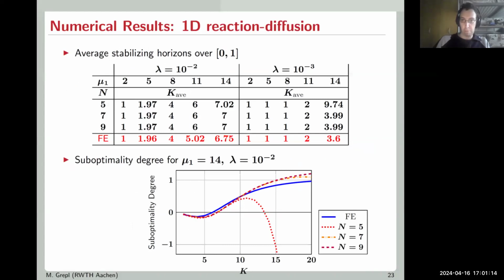The curves there represent omega, and you're looking for the value of k at which this curve becomes positive. Exactly. But there you have a line associated to n equal to 5, in which the curve is at the beginning negative, then positive, and then becomes negative again. Is that a side effect of having a very small reduced basis, or could a configuration like that one also happen with finite elements, for instance?